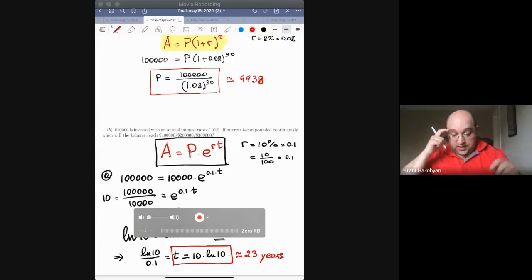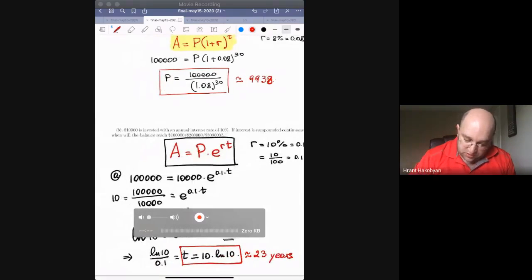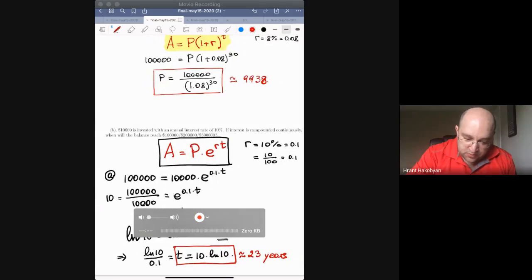So that's how much you have to wait to turn 10,000 into 100,000 if you have an account which gives you 10% per year, compounded continuously.